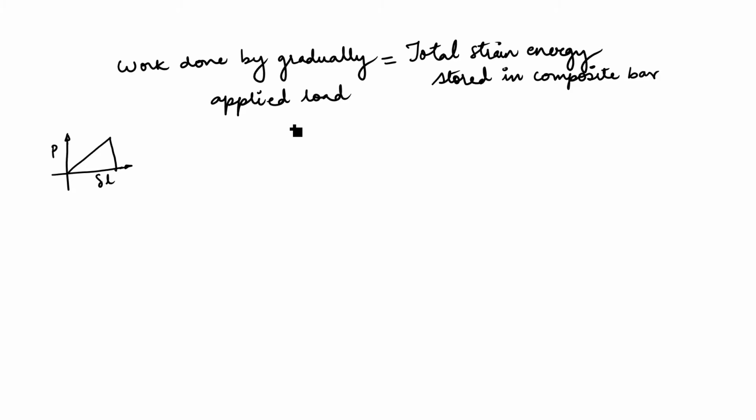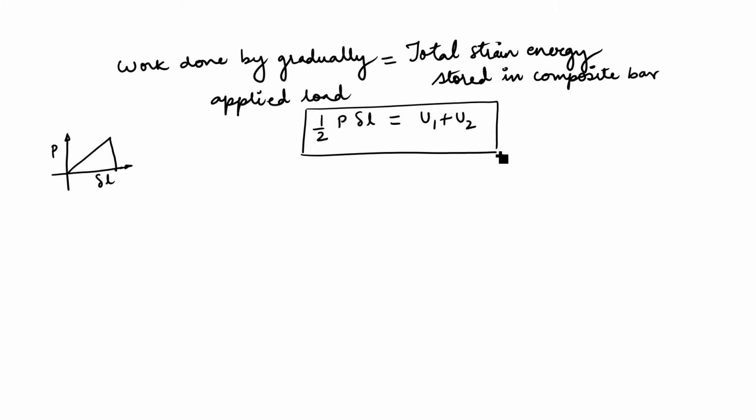So the area of a triangle is given as half base into height. So using the two terms, half P into L is equal to the strain energy U1 plus U2. So U1 plus U2 is known. If you want, you can substitute them, but I'm just writing for you that this is another formula which you can use for work done in the body equal to the strain energy stored in the body. So these are the four formulas which you can use while solving your numericals for gradually applied load in case of composite bars.